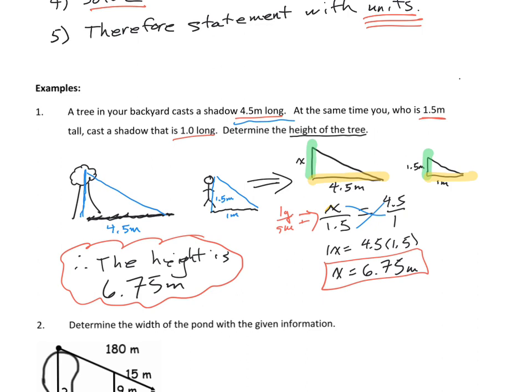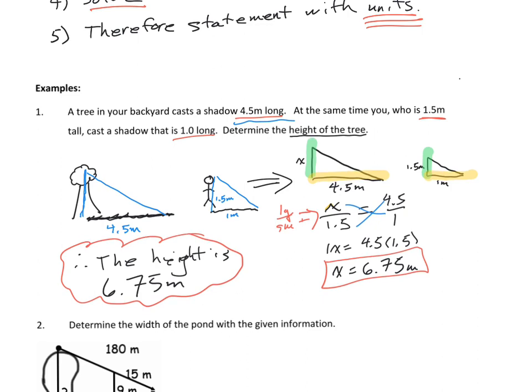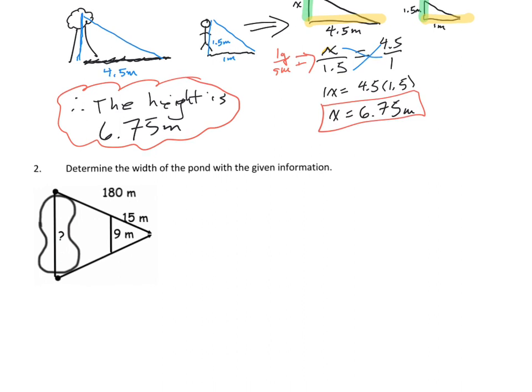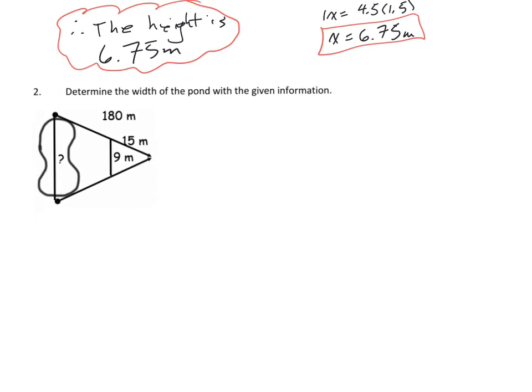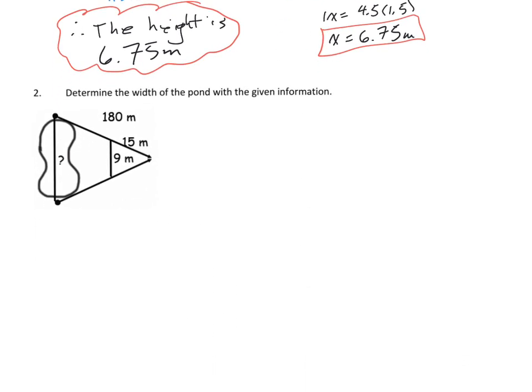All right, now let's move on to the next problem. And here's the problem. Determine the width of a pond with the given information. If you look at the pond, we already have our picture, which means we have two triangles.